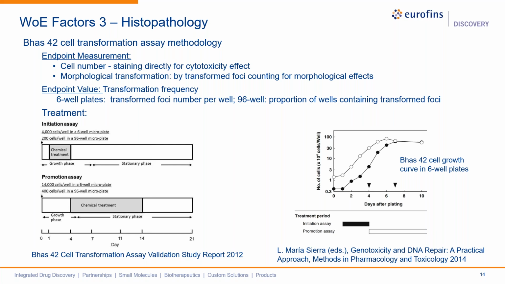For the promotion assays, we begin with higher cell density, with chemical treatment occurring during the stationary phase between day 7 to day 14. This approach targets compounds that promote the growth of those already transformed cells, not those causing initial transformation.